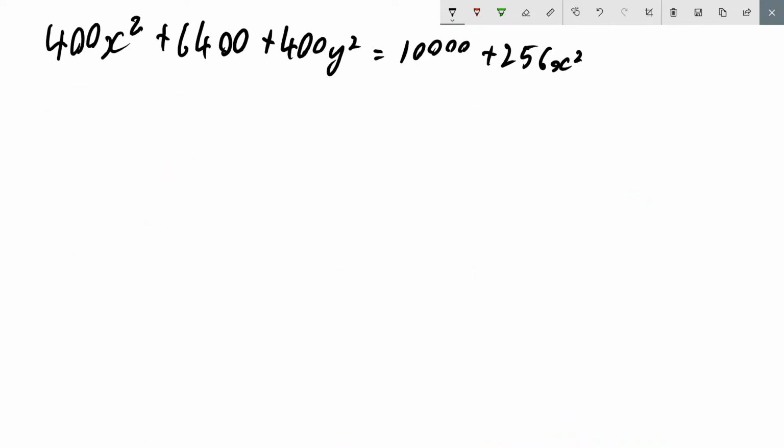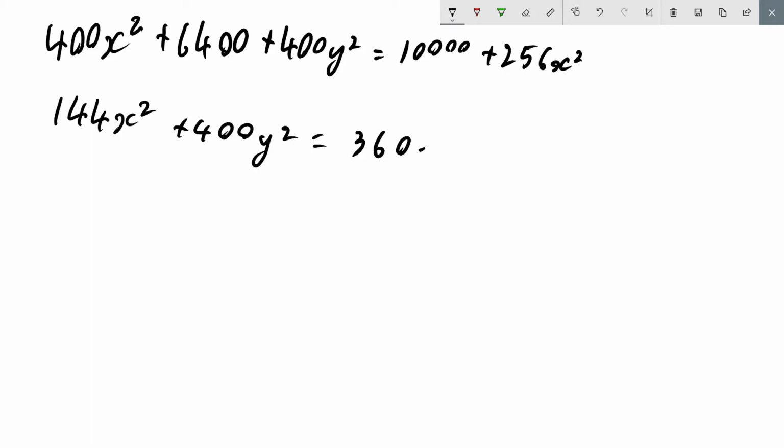Okay, so moving on, I'm now going to collect like terms. I'm going to subtract this over here, and I'm going to subtract this, so it's over there. So we'll get 144x squared plus 400y squared, which equals 3,600. I'm now going to divide both sides by 3,600.